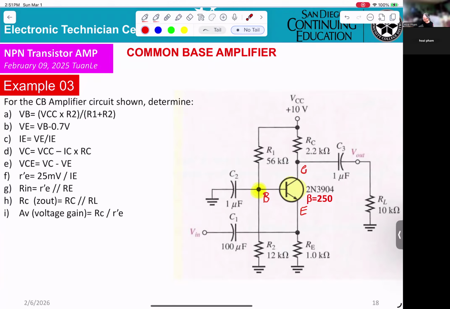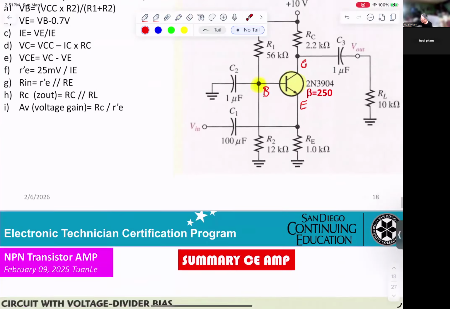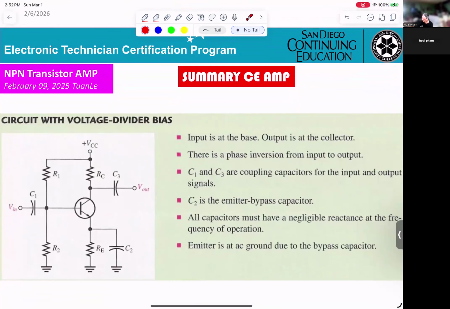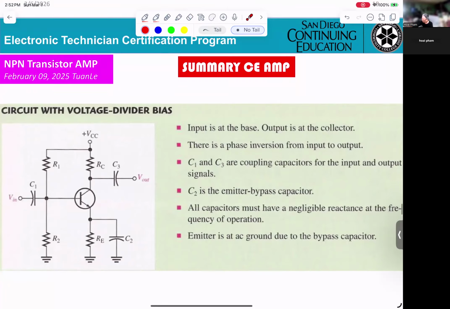Okay? So this one, you're working on to see what we can get. Okay? So basically, this is just a summary of the bipolar transistor amplifier. Okay? That's a summary for you to read.